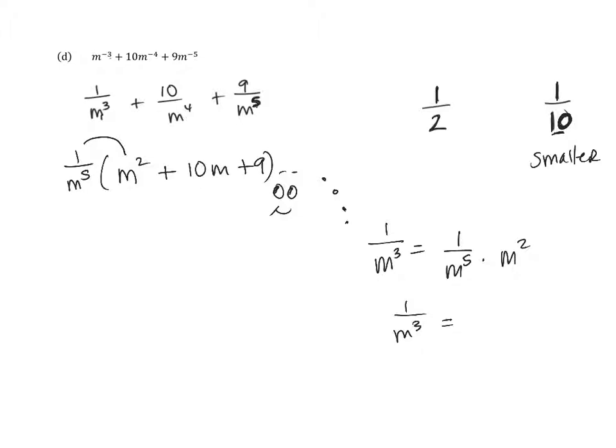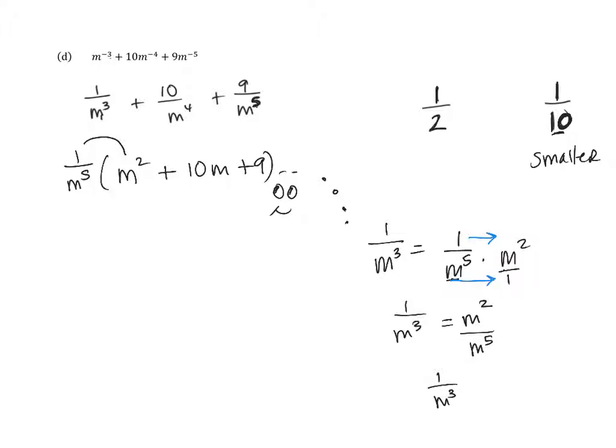I have a fraction times a number. I'm going to give my number a denominator of 1 and then just multiply straight across. In the numerator I have 1 times m squared, so m squared. In the denominator I have m to the 5th times 1, so m to the 5th. And that does indeed end up being 1 over m cubed.